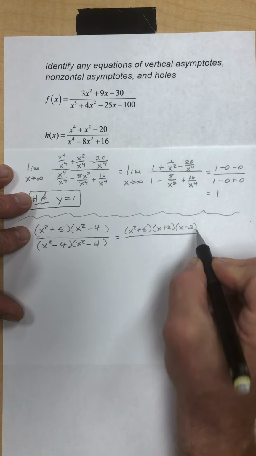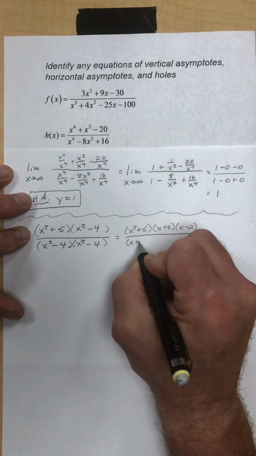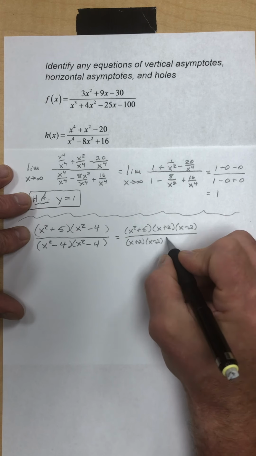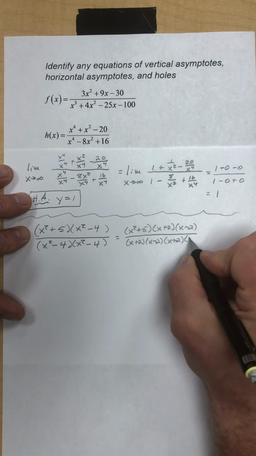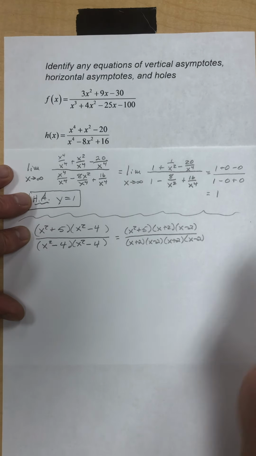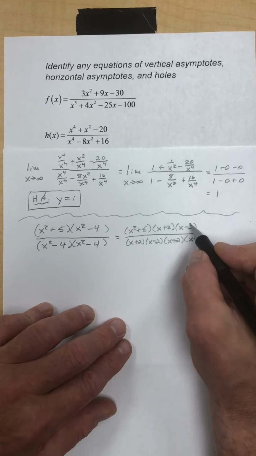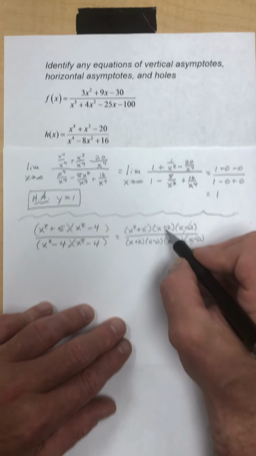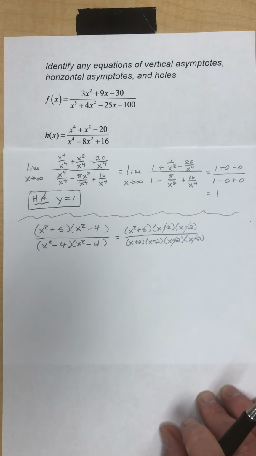And notice down below, both of them factor that way. So I'd have an x plus 2, an x minus 2, an x plus 2, and an x minus 2, like that. So notice that the x minus 2 cancels here and here. The x plus 2 cancels here and here.